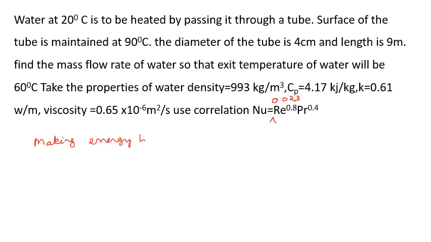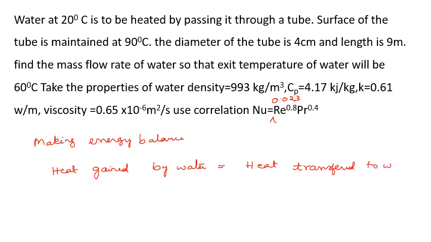So what is energy balance? We know that energy balance is: heat gained by water should be equal to heat transferred to the water from the tube surface, right? From the tube surface.